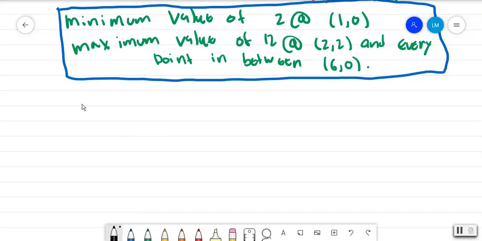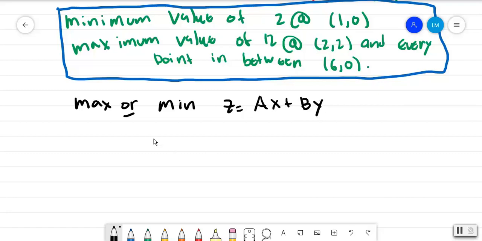The question will either say maximize or minimize an objective function that is usually of the form ax plus by, subject to the constraints.